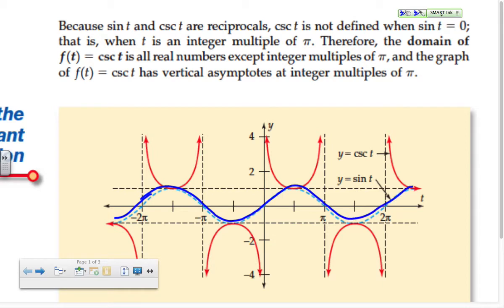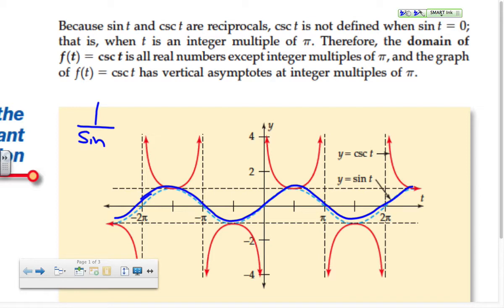Any place where the sine wave would hit 0 is going to be undefined in cosecant because you cannot have a 0 in the denominator, right? So all of these are going to be asymptotes. They're going to be undefined. That's just the one thing to realize, that multiples of pi will be asymptotes.